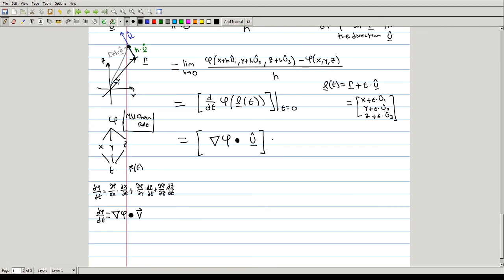And what's nice is that u hat is constant. So we now have a simplified formula for evaluating the directional derivative. It will always be the gradient vector at the point that we're evaluating the directional derivative at, dot product with the direction vector u hat. This is a simplified and nicer formula to use for the directional derivative at any given point.